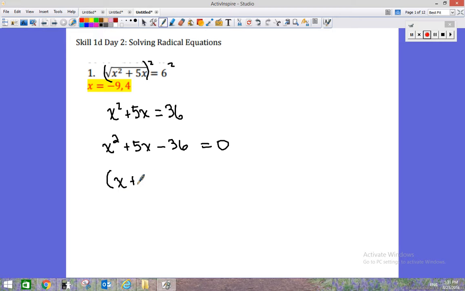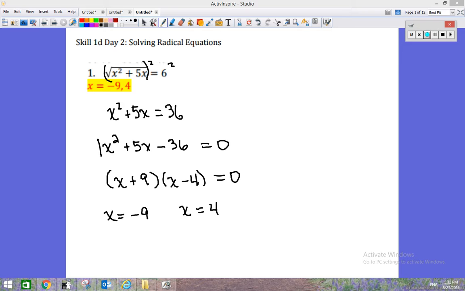But this factors to (x + 9)(x - 4). With a leading coefficient of 1, they're generally easier to factor. So negative 9 and positive 4 are my two possible solutions.